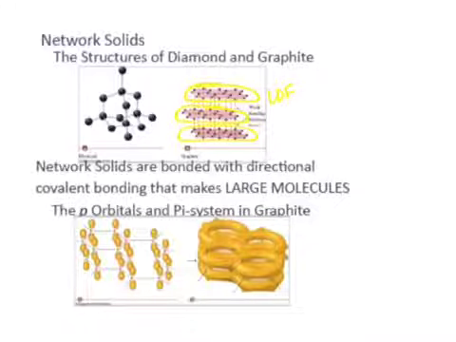So when you're writing with your pencil and you touch the paper and start putting pressure, the London dispersion breaks, and you start getting little pieces of graphite transferring to your paper. And then here's another network covalent solid, talking about the p orbitals and the pi system in graphite.